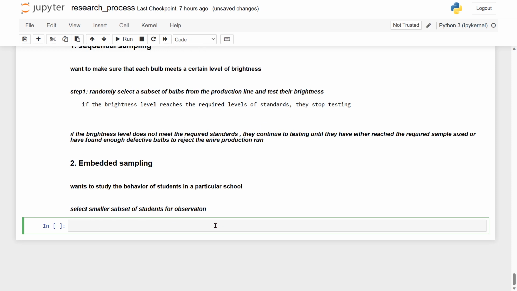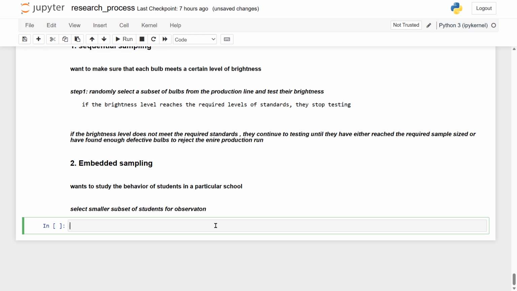Then the researcher selects several classrooms within the school and then selects a random sample of students within each classroom. Again, the probability sampling as well as the non-probability sampling, both are used.